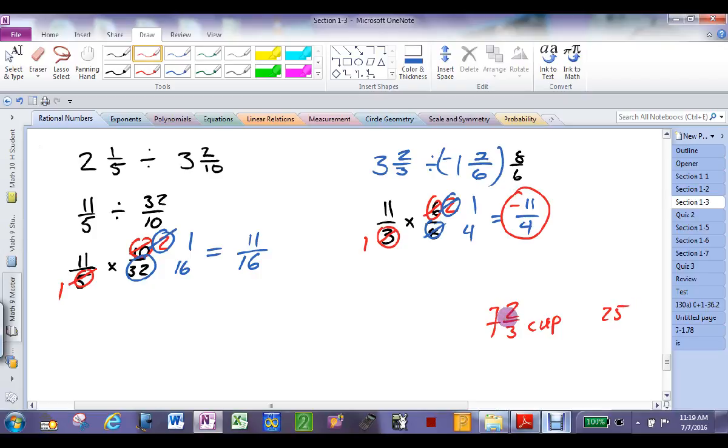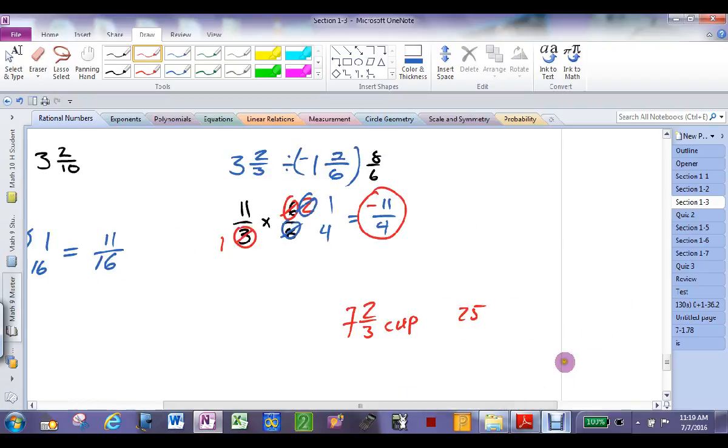Improper fraction. 7 2/3 of a cup will make it for 25. I only need it for 5. So this has been divided by 5, so what do I got to do here? Divide by 5. And that's when dividing by fractions comes in.